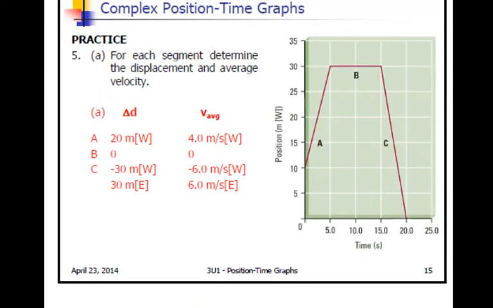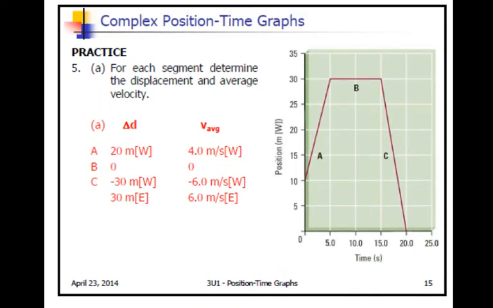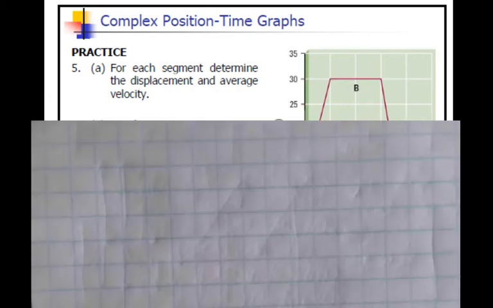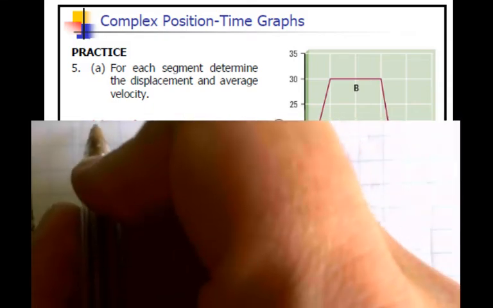Next question says to determine the displacement and the velocity. Well, the velocity is the slope. So let's open up our camera here, and we'll look at calculating the slope for that line segment.